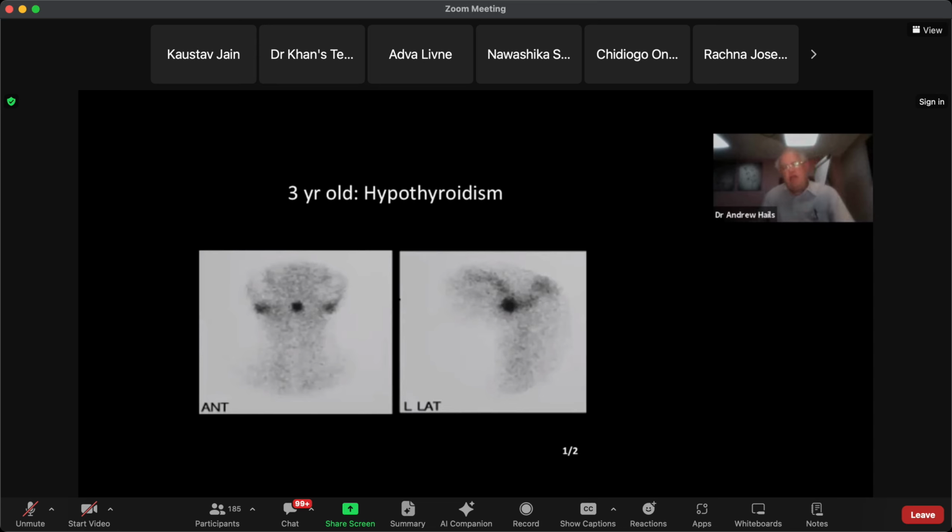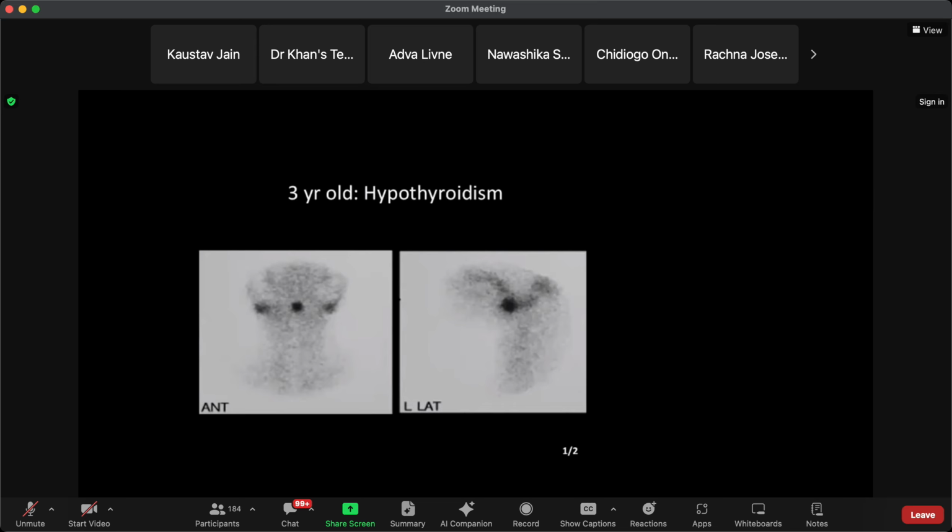Now, maybe I would like to ask you about this one. This is a 3-year-old with hypothyroidism. How could you explain their hypothyroidism? So the area of increased uptake is a small rounded area, and if I'm judging this correctly, it's not in the typical expected location of the thyroid. It looks like it could possibly be a lingual thyroid.